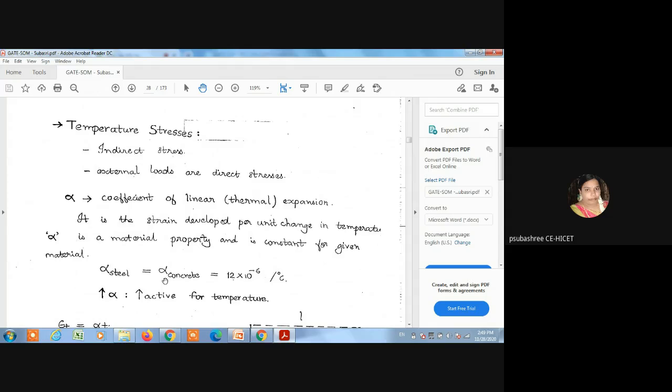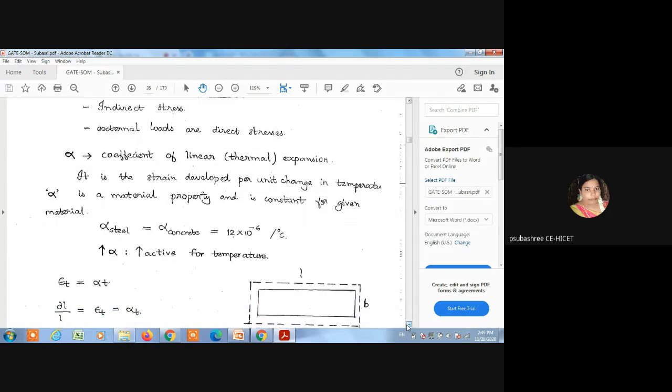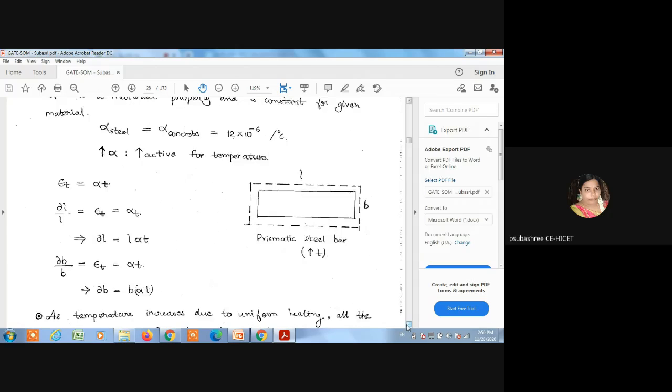Please note this point. One question is taken from thermal stress.